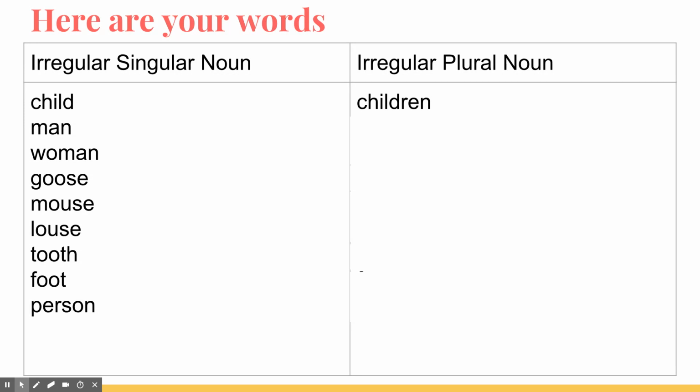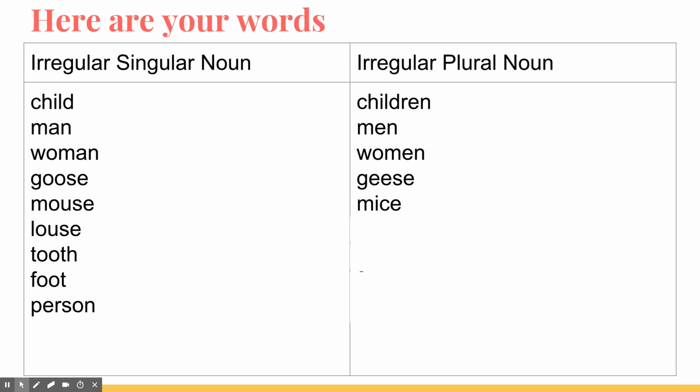The plural of man is men. We change the vowel. Plural of woman, women. Plural of goose is geese. Plural of mouse is mice.